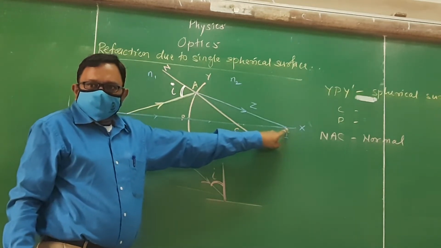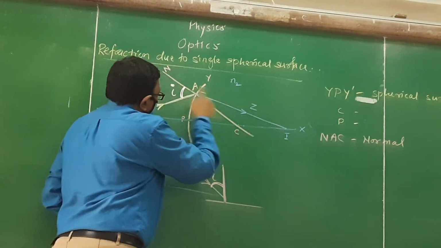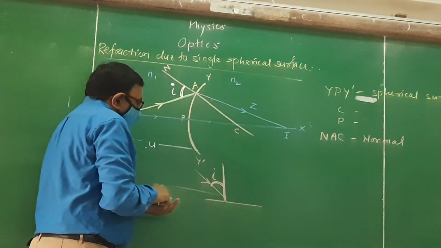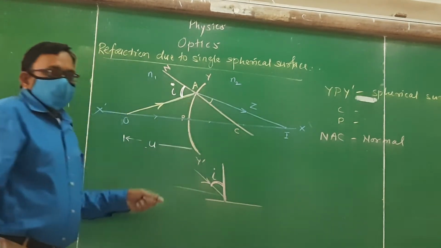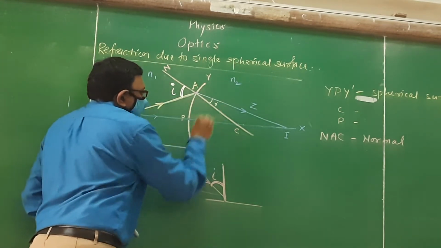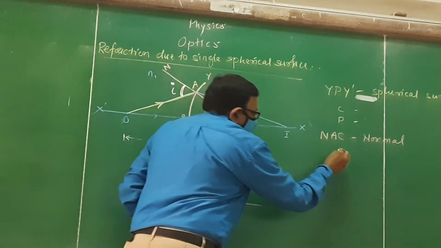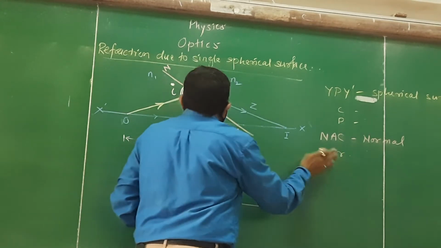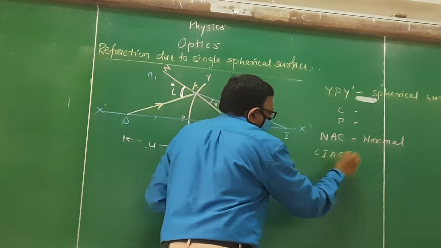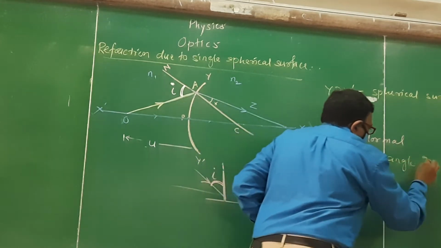Understand about this now? Here, this one is a refracted ray, and this is the normal. Can you say the name of this angle? Angle of refraction. Very good. This R is the angle of refraction. When you draw the diagram, simultaneously you may write the labeling here: angle R or angle IAC, the R is called the angle of refraction.